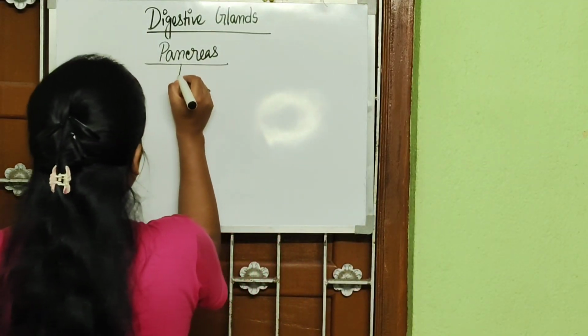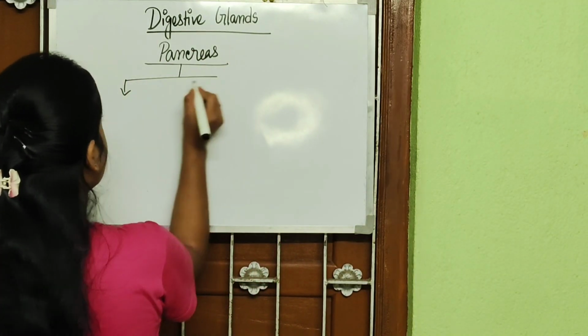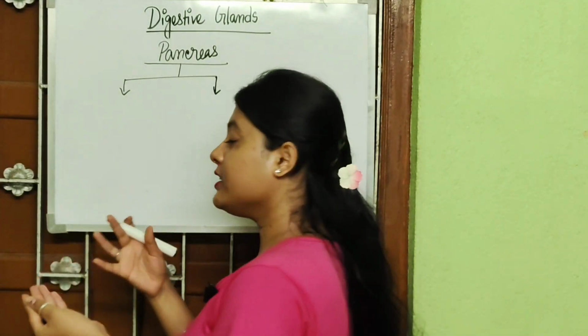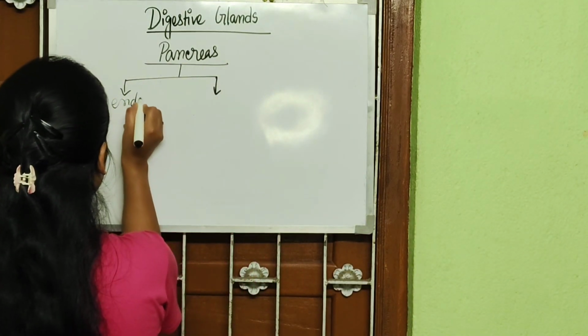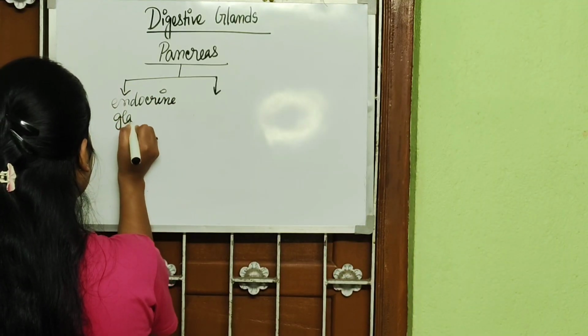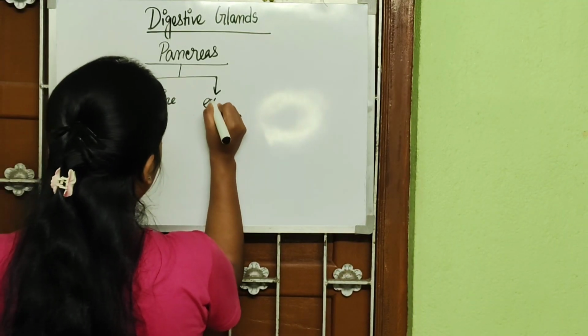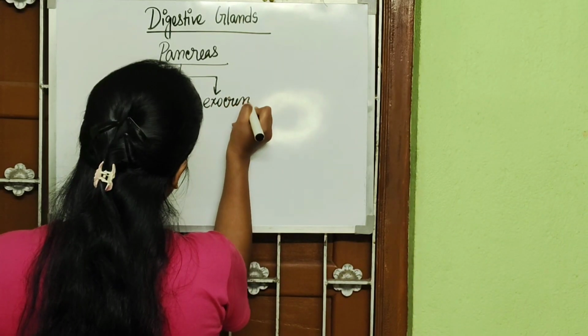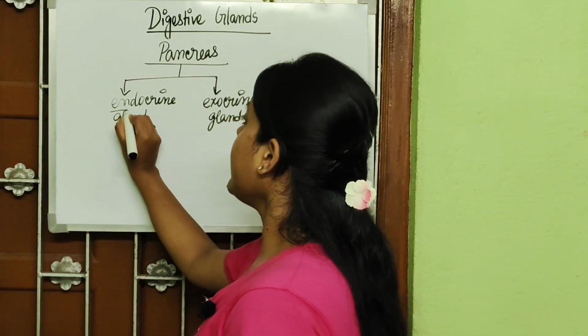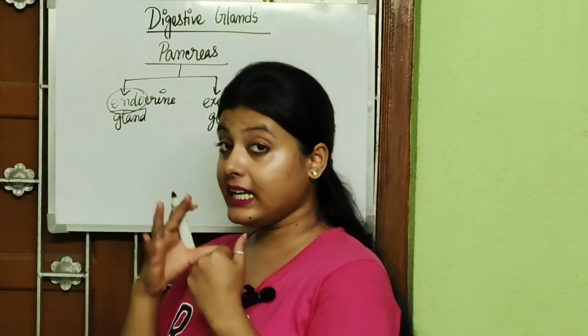So now come to the next part, the parts of the glands. The pancreas performs as these two types of gland, the endocrine and the exocrine gland. First is the endocrine gland. Endo means inside.